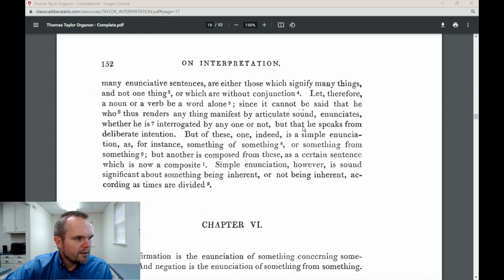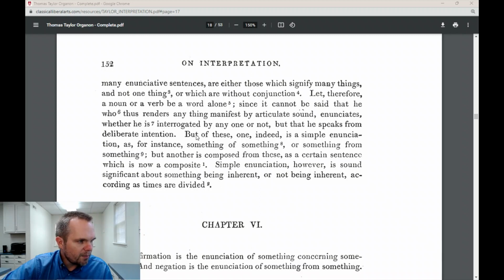He then goes on to say, many are those which signify many things and not one thing, or which are without conjunction. And then he says, let therefore a noun or a verb be considered a word alone. Make sure you distinguish that if we speak a word, that's not enunciation. Even if we're just answering a question, that's still not enunciation.